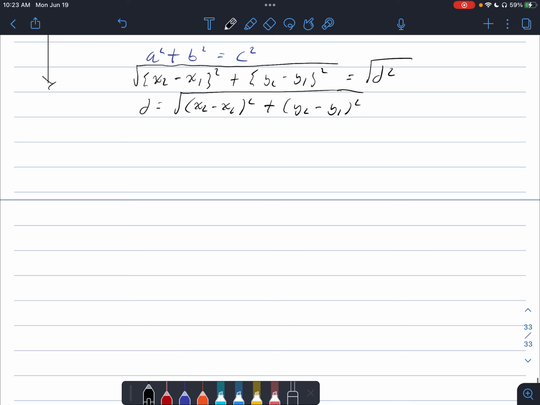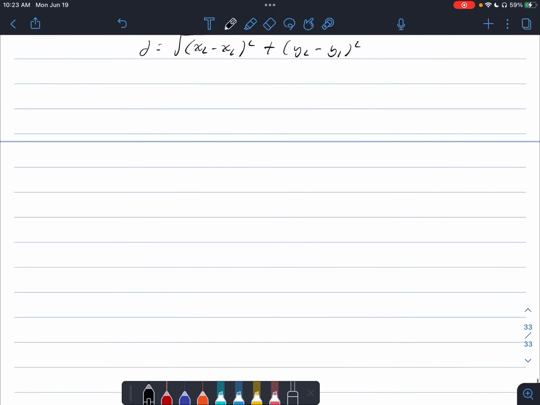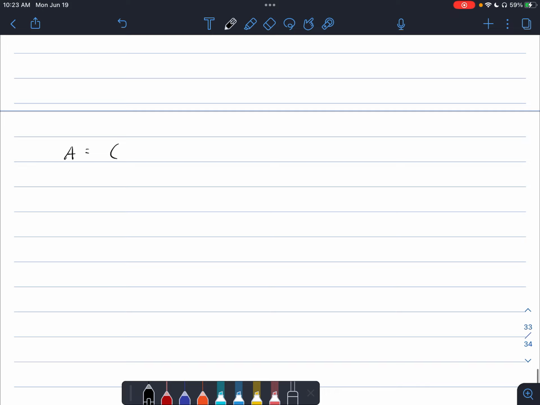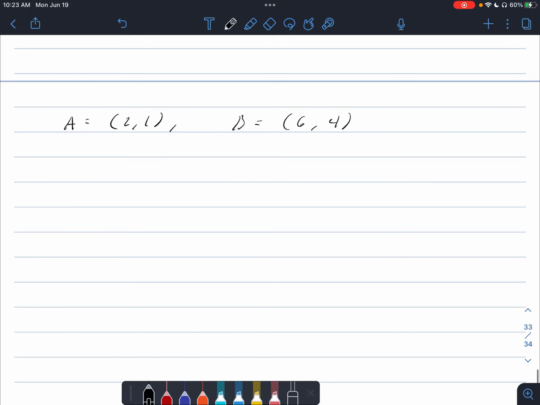Let's go ahead and apply this in some real world situation here. Okay, let's say we have 2 points. Point A is the point (2, 1), and the point B is, I don't know, (6, 4). And we want to find the distance between these 2 points in the plane.